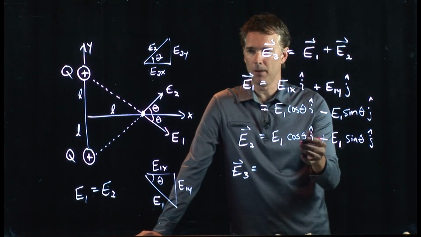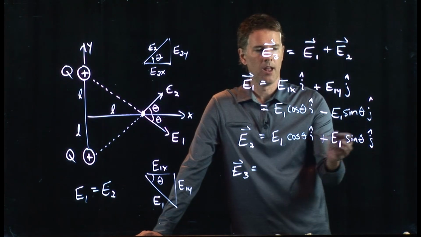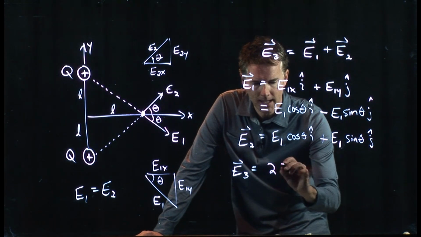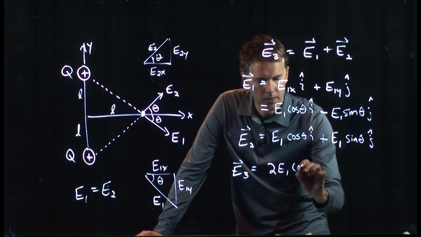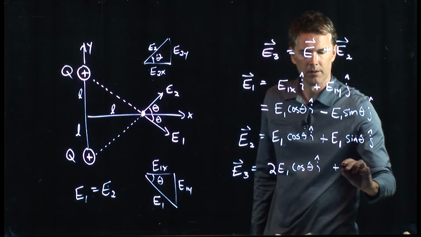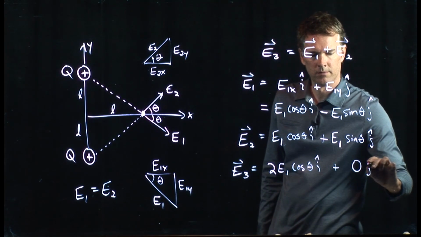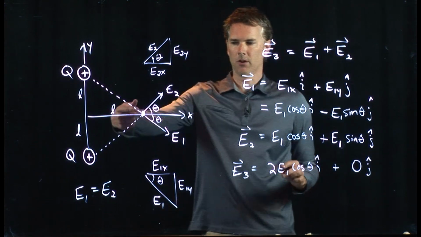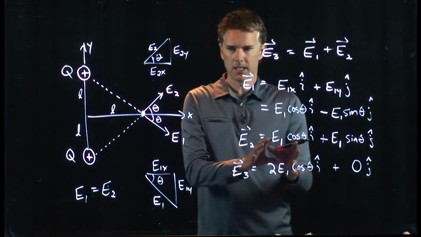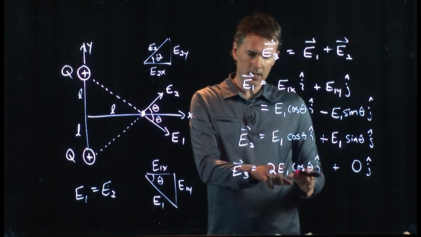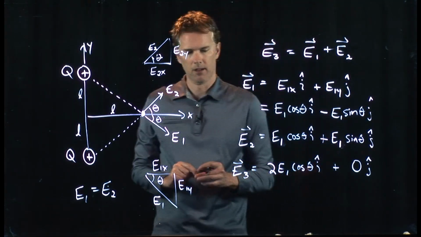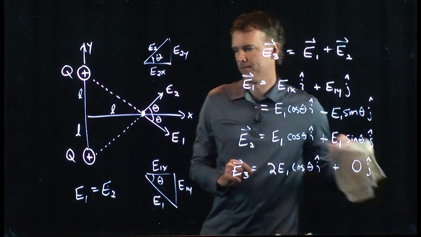And now when I add them up, look what happens. This one doubles, this one goes away. And so we get 2 E1 cosine theta i hat plus 0 j hat. It's all in the horizontal direction. And now we're nearly done. The only thing we need is the strength of E1 and that angle theta.